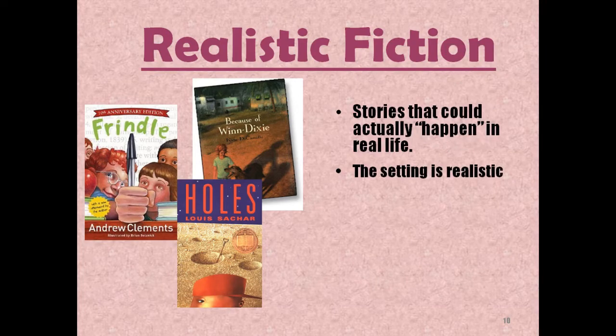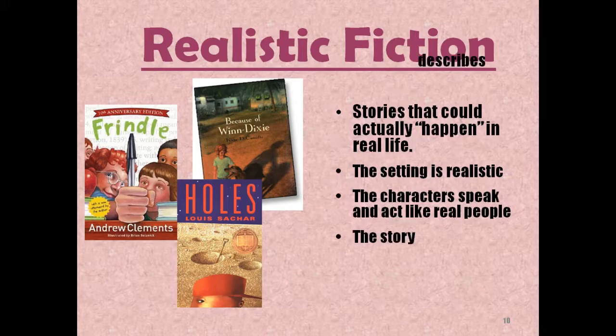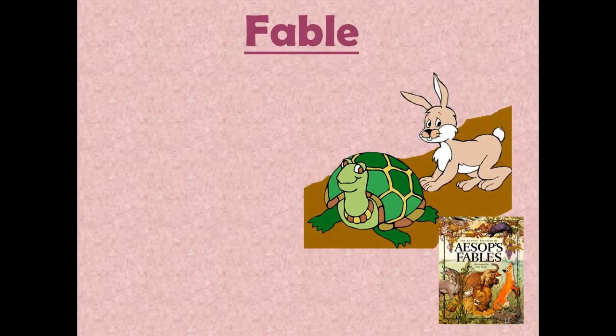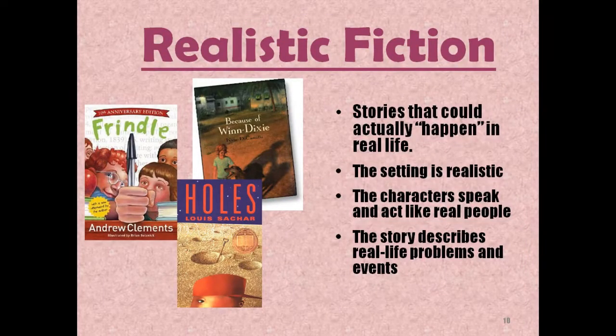The next one, we have realistic fiction. By realistic fiction, stories that could actually happen in real life. The setting is realistic, the characters speak and act like real people, the story describes real life problems and events. So realistic fiction means it can happen.